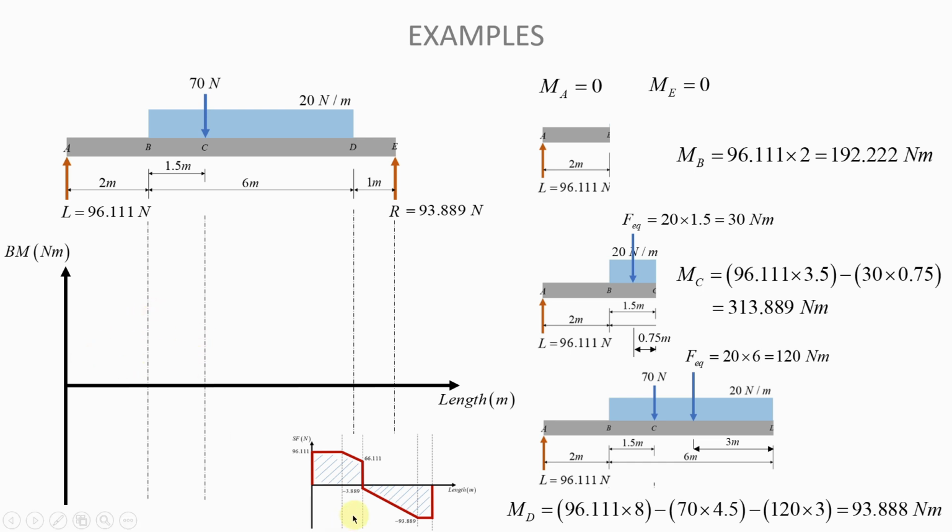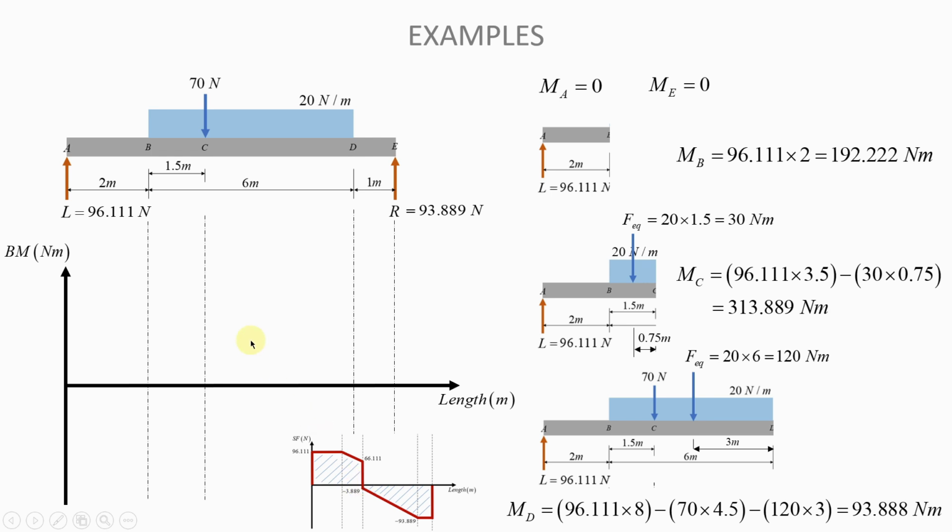But before we start drawing, it's always important to remind yourself of what the shear force diagram looks like. Okay, and so the reason it's good to remember what the shear force diagram looks like is to identify the location where it crosses the horizontal axis. Okay, because where the shear force diagram crosses the horizontal axis, that is where you will have a maximum on your bending moment diagram.